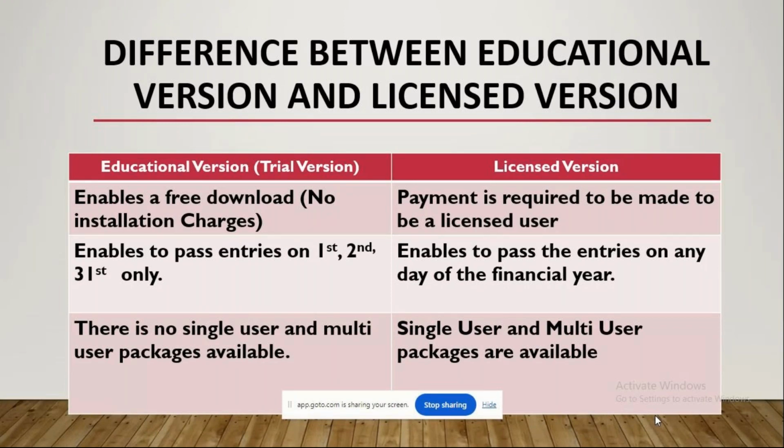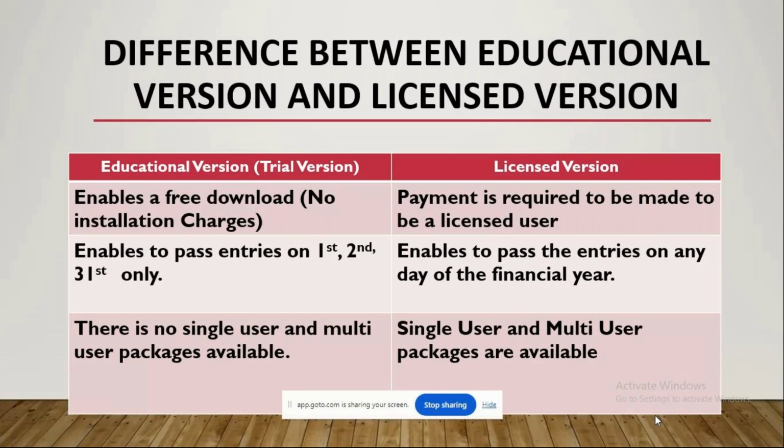So I can pass the entries on any day of the financial year, from 1st of April to 31st of March. Whatever entries I have to record, I can put up in the licensed version. There are no date restrictions in the licensed version. But if I'm using the trial or the education version, I do have date restrictions, which you can also experiment with once we start passing entries in TallyPrime.